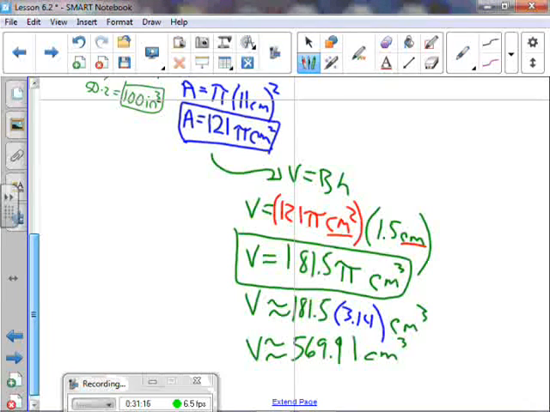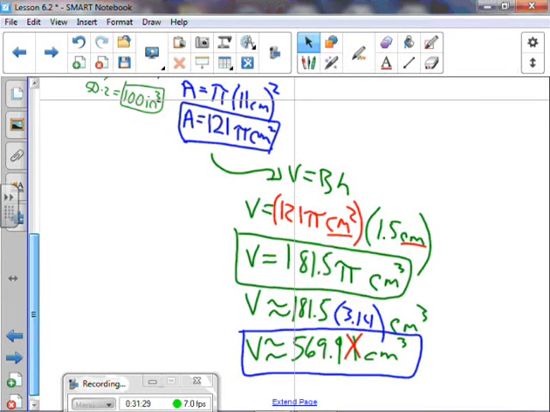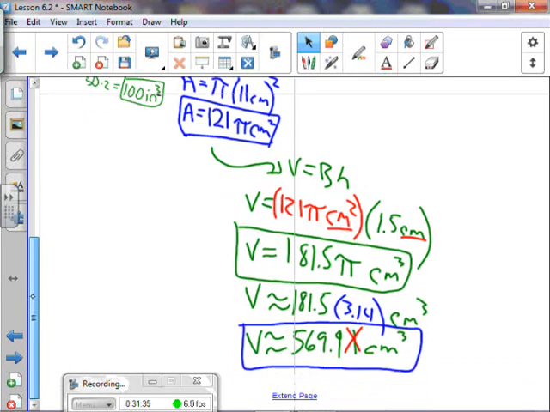Because I have to approximate this to the nearest tenth, that 1 will go away because it is smaller than 5, so it does not affect the rounding. And we will get 569.9 centimeters cubed.